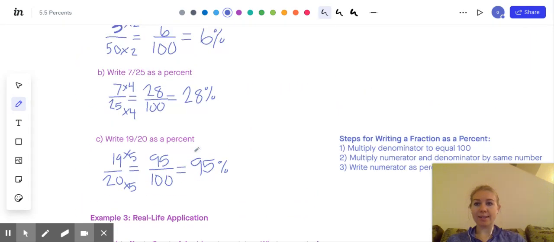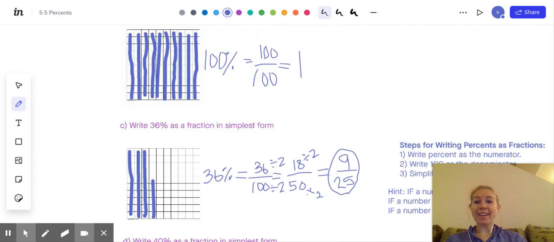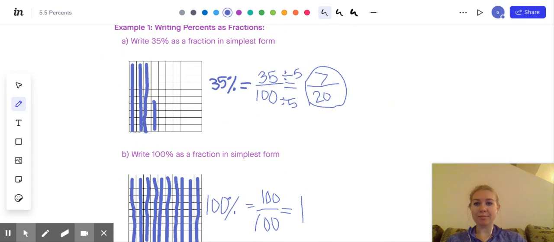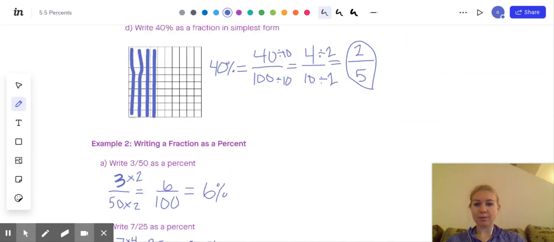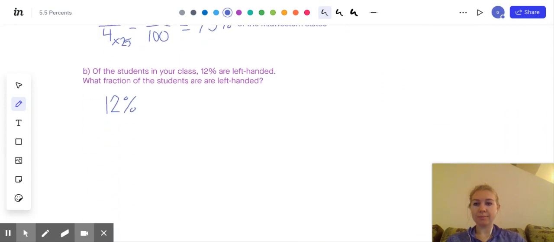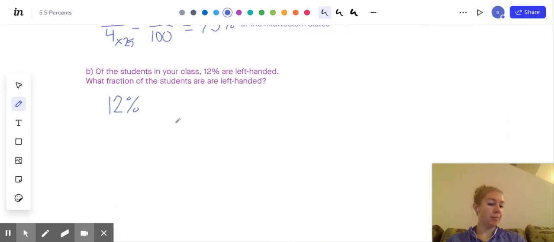So that is like our first example problems. Okay, so let's go back down here. So if we remember, our first step is we're going to write our percent as the numerator, the top number, and 100 is going to be our denominator.